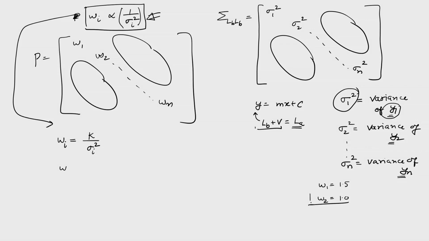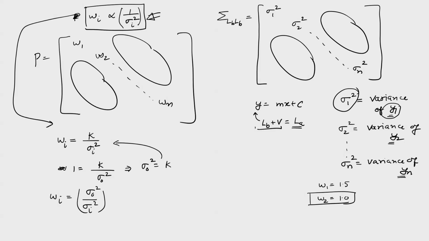Let us say some observation has unit weight. So if I write 1 equal to k upon sigma 0 square, which I am also assuming, then I can say sigma 0 square equal to k, and if I replace this value over here, I can write Wi equal to sigma 0 square upon sigma i square.